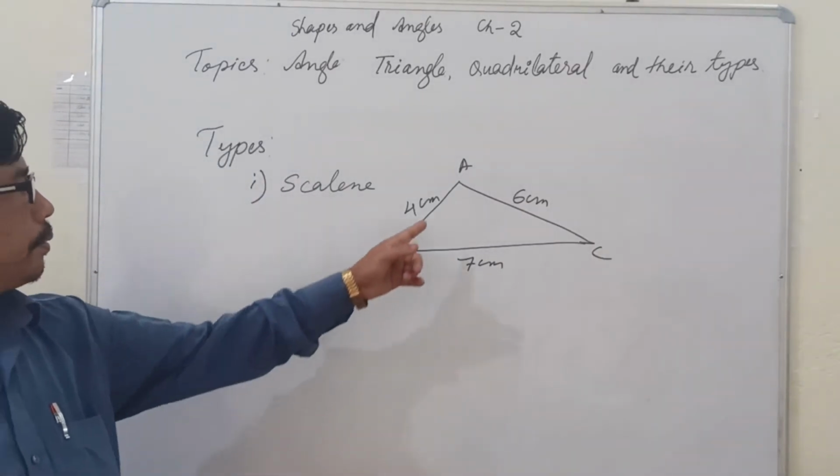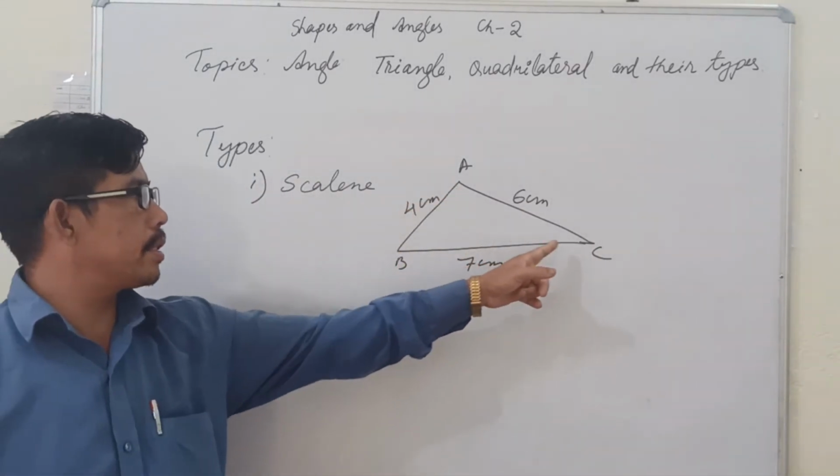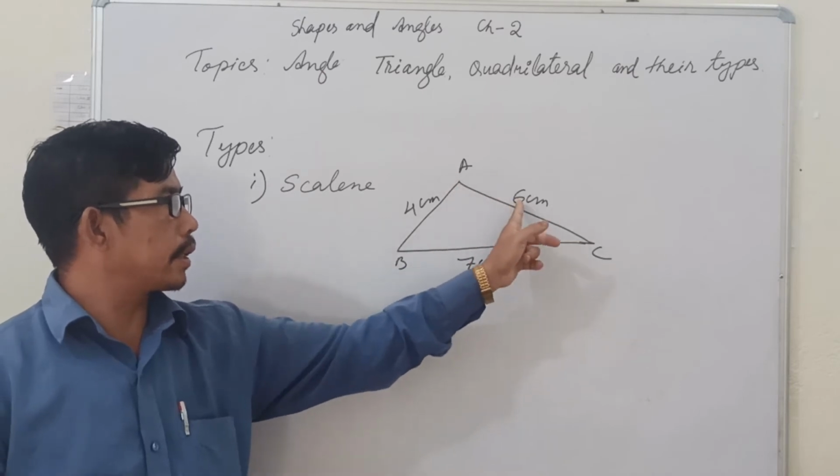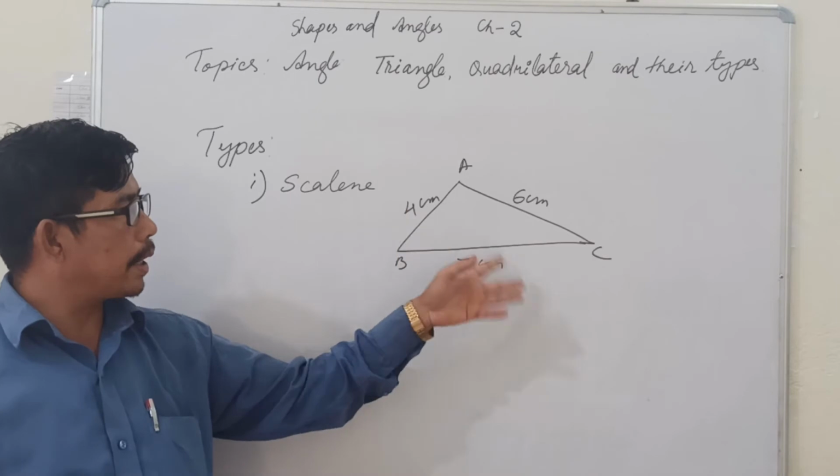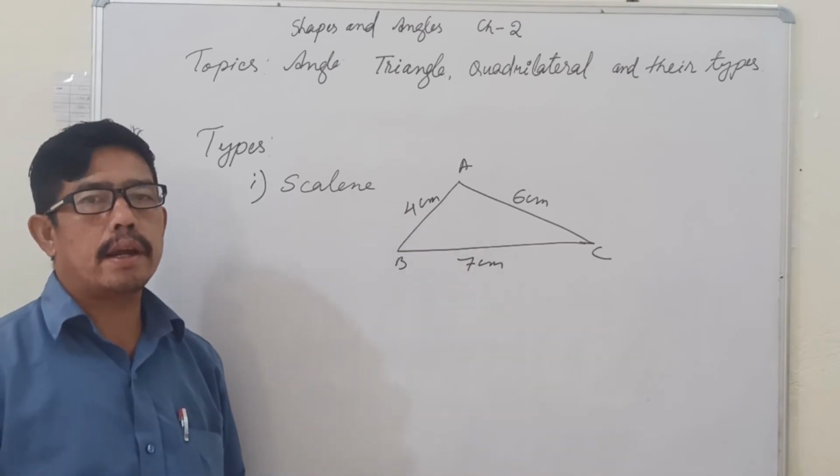The length of AB is 4, the length of BC is 7 and the length of AC is 6. So all three sides have different lengths. Such a type of triangle is known as a scalene triangle.